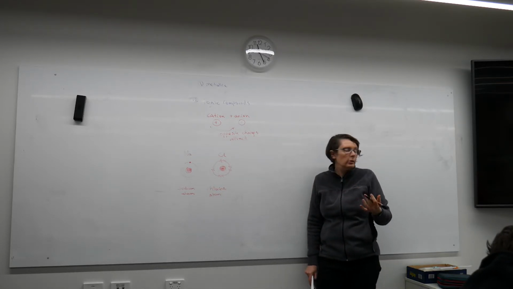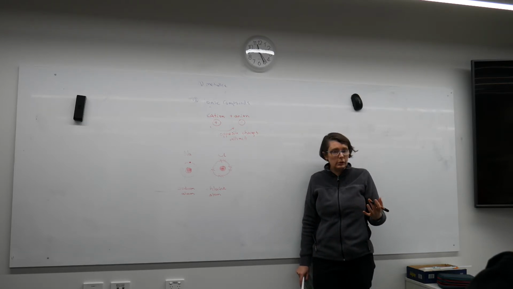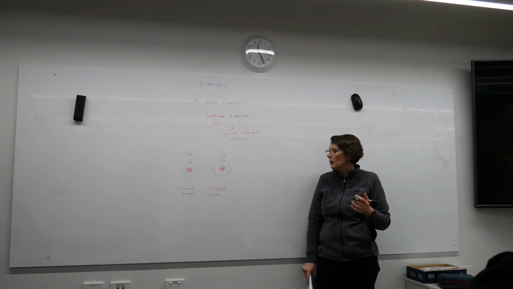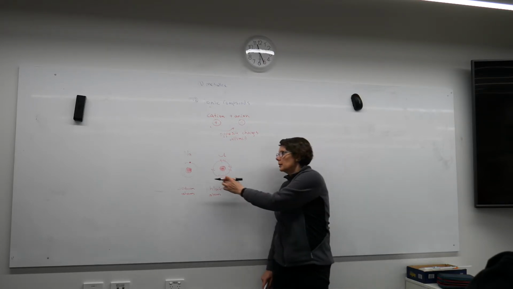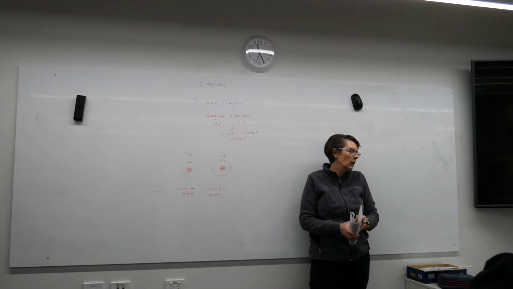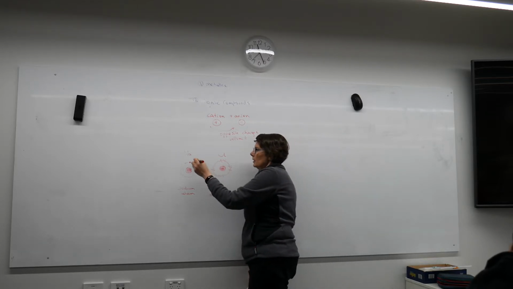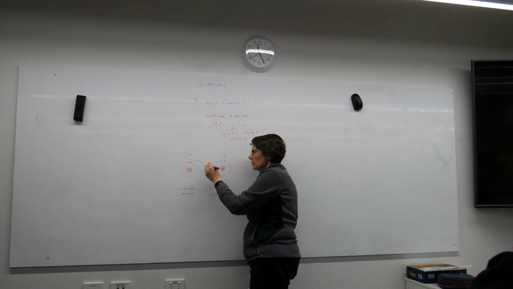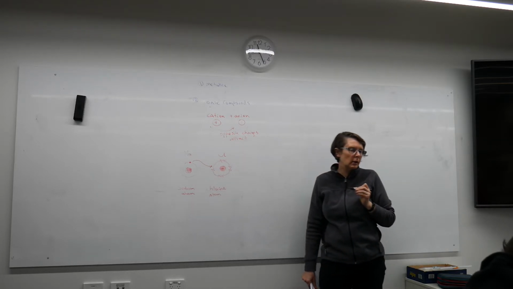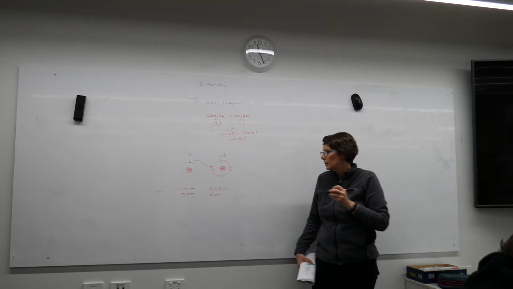Now, we know that the sodium is very reactive. We have to store it under oil in order to prevent it from reacting. And the chlorine atom is also very reactive. And if we brought these together, then the sodium completely 100% donates its valence electron to the chlorine.